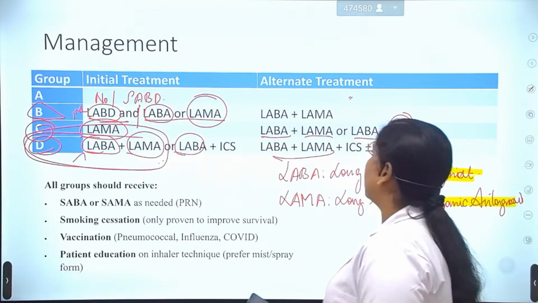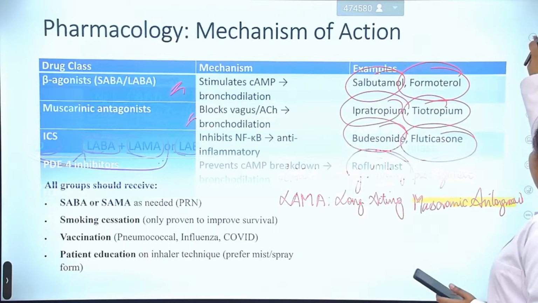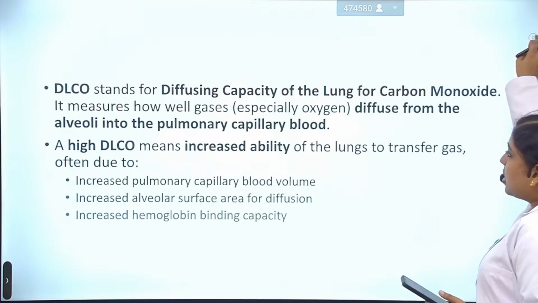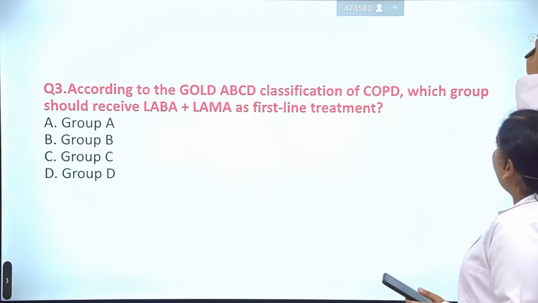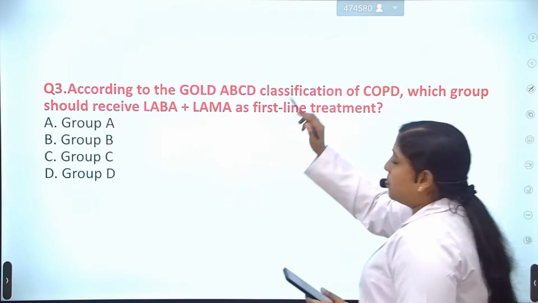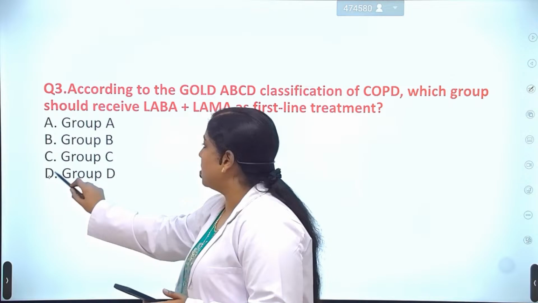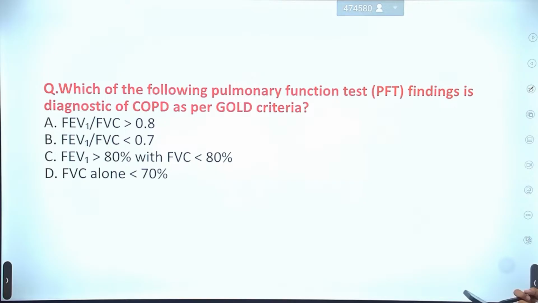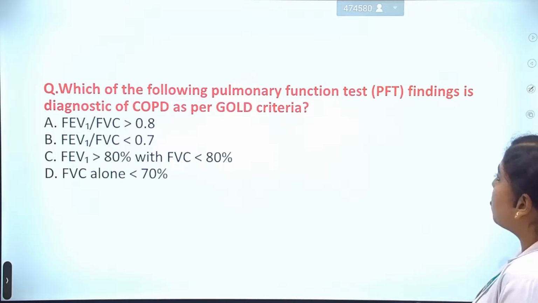Okay. LABA plus LAMA is given in case of your group D, that is the severe form of your chronic obstructive pulmonary disease. So next, which of the following pulmonary function test findings is diagnostic for COPD as per GOLD's criteria?